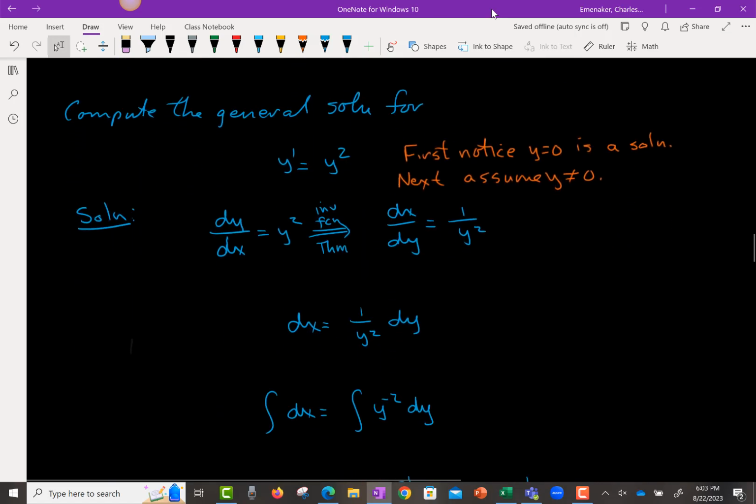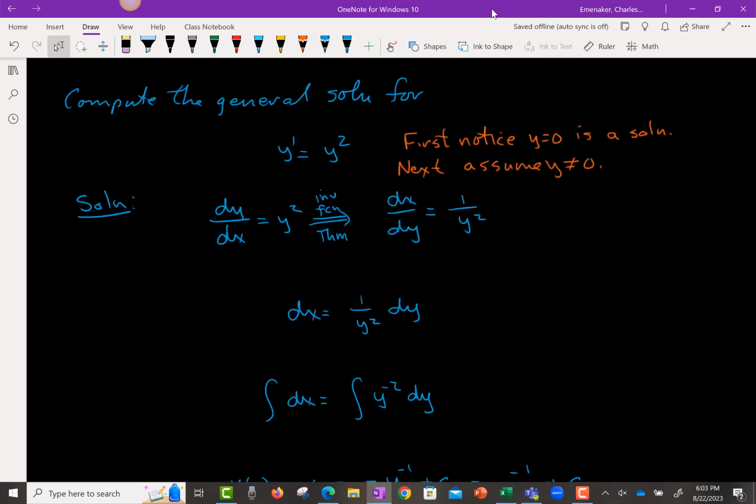Let's take a look at something like this. Let's say you're asked to compute the general solution for y prime equals y squared. The first thing you always want to do is to ask yourself, does y equals 0 work out to be a solution? In this case, the answer is yes. Now you may be looking at that and saying, I don't see how this is an answer at all. Well, on the left-hand side, it says take the derivative of y.